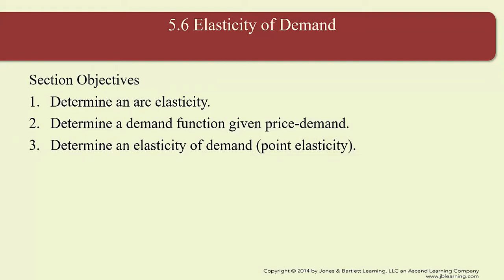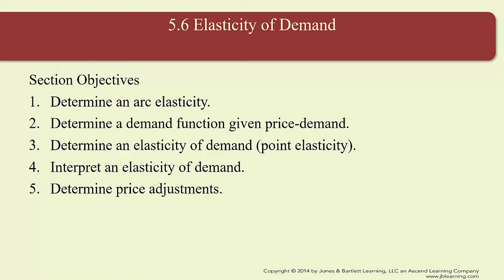Then objective 3, we're going to determine an elasticity of demand, which is also called point elasticity. And this may be what you've seen in a prior econ class. Then in objective 4, we're going to interpret what elasticity of demand tells us. And then objective 5, we're going to determine a price adjustment.